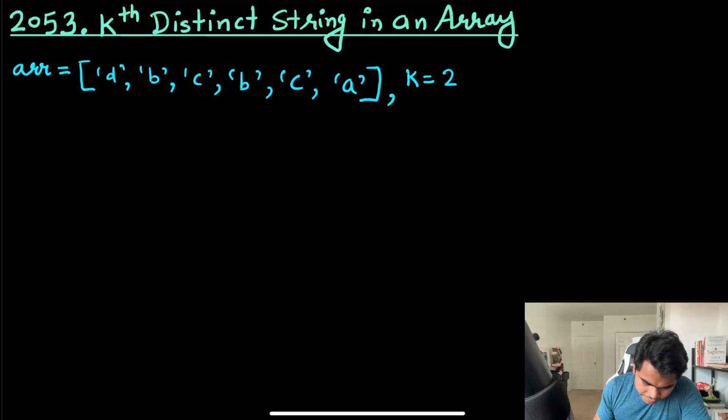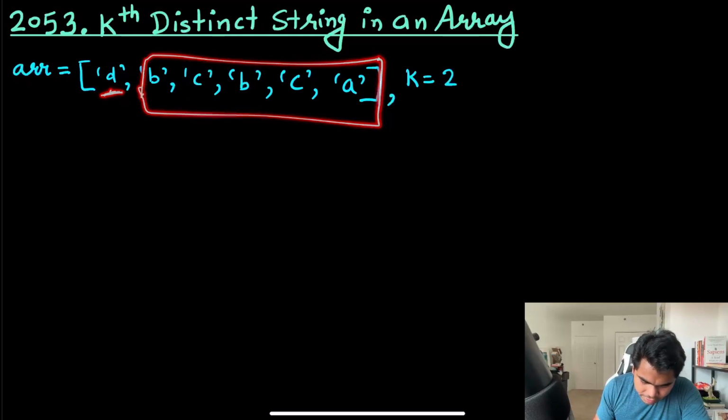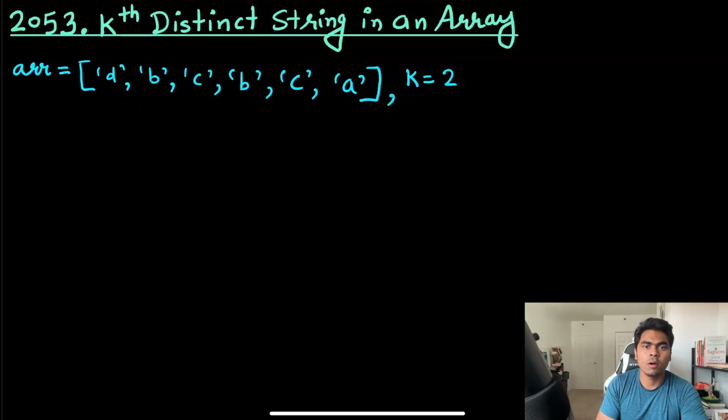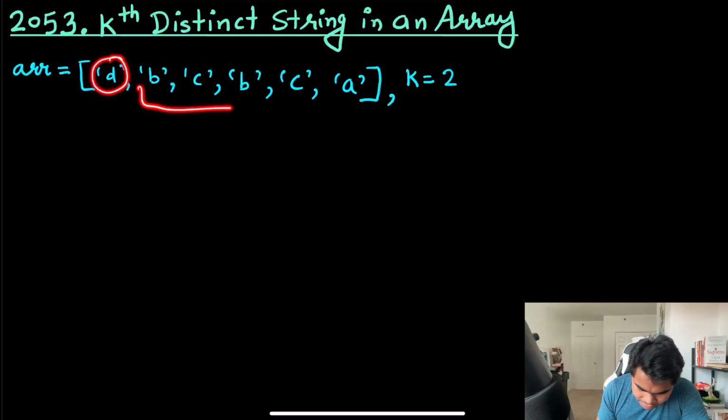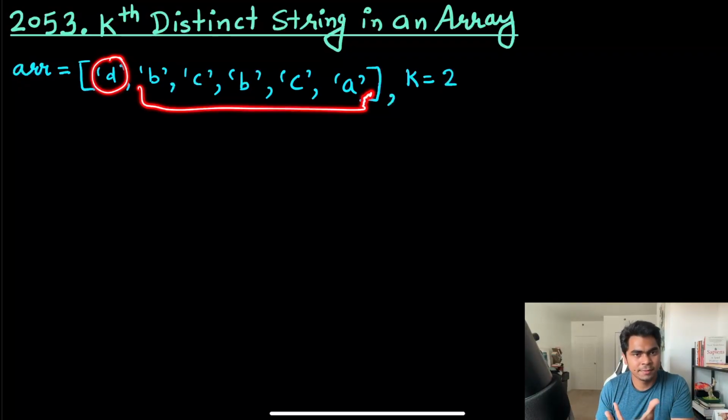What we are trying to find is a kth distinct string. For one string to be distinct, I need to check in the remaining array that there is no other copy of it. A brute force solution would be to go to each index, and for that string check in the remaining strings if it's present.